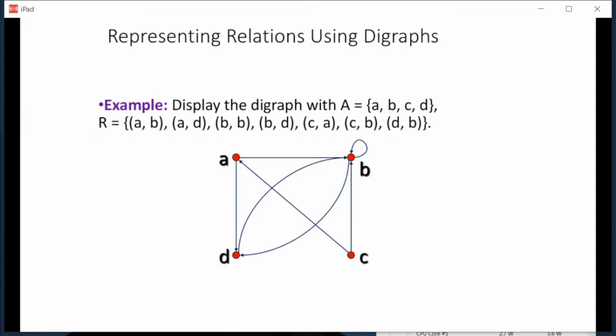So, for example, R composed with itself is going to just be what you get if you take two steps, two arrows. In other words, let me just show you what this means. So R composed with itself, you do A to B, and then you go along one of the other arrows, let's say from B to D.